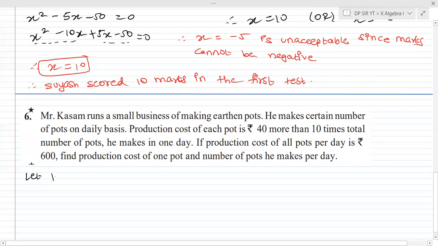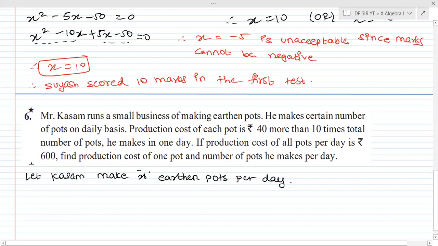Enough of that Mr. So let Kasam make x earthen pots per day. How many pots does he make? x pots. The cost of each earthen pot is rupees what? 10 times the pots he makes per day plus 40. So 10x plus 40.